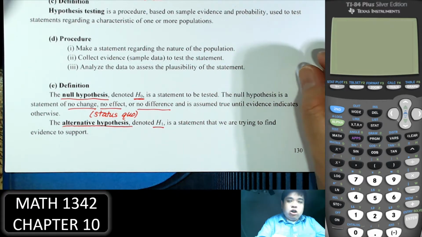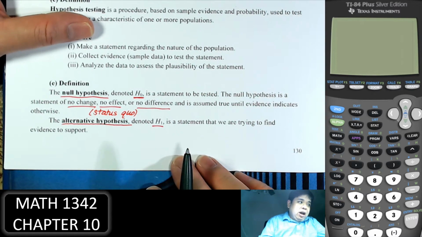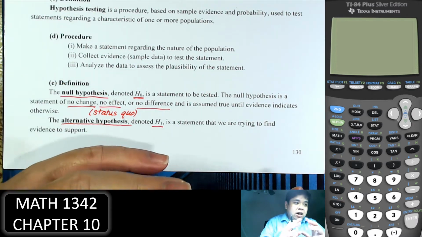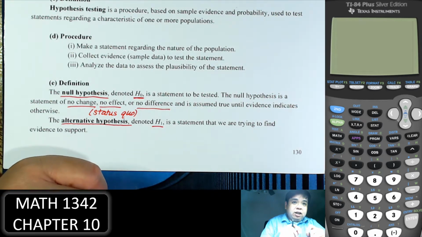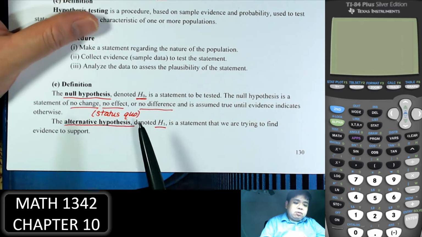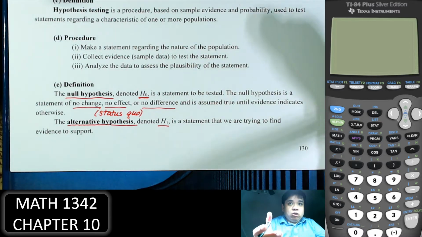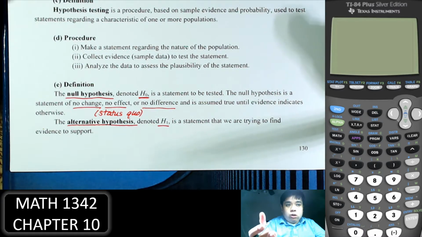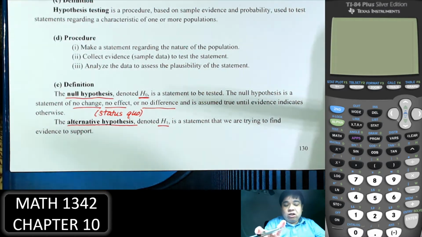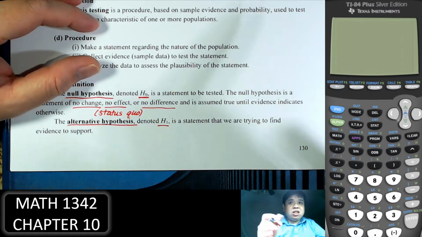An example of this is the justice system or the court, in which we assume that a person is innocent until proven guilty. So that is the assumption. In that case, the status quo is that the person is innocent before going to court. So the status quo will be innocent, and the alternative hypothesis is that the person is guilty.